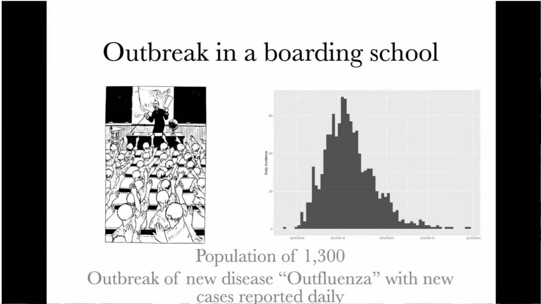And the graph on your right gives the daily number of cases of outfluenza in that particular school over time. I think this is over about 2 months, starting around March of 2019 to May. And the peak number of cases in a day was around 70.